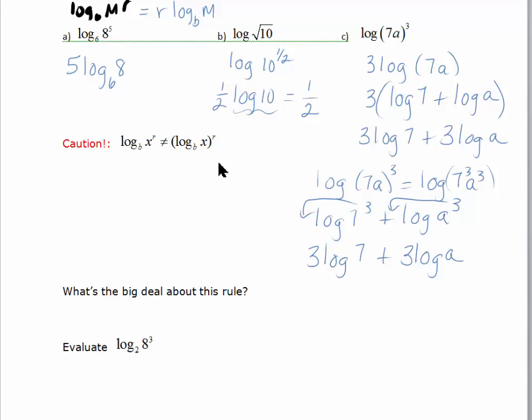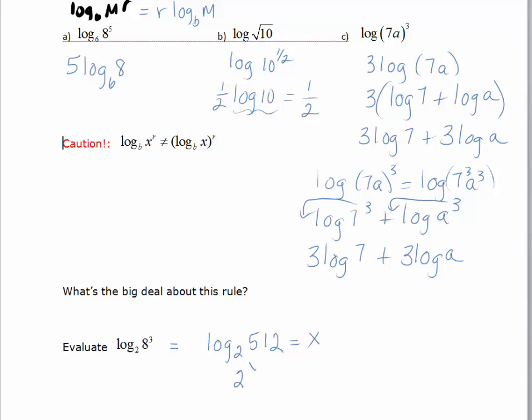So the question is, what's the big deal about this rule? Why would it even benefit us at all? If you think about working on a problem like this without a calculator and you wanted to evaluate this, well, 8 cubed, if you multiply that out, you get 512. So I've got the log base 2 of 512, and if I want to evaluate that, I'd say, well, let's let that equal x.